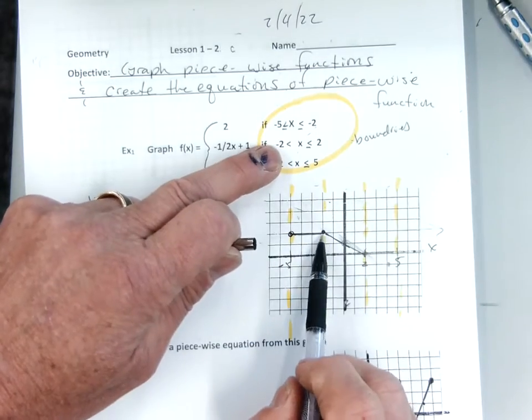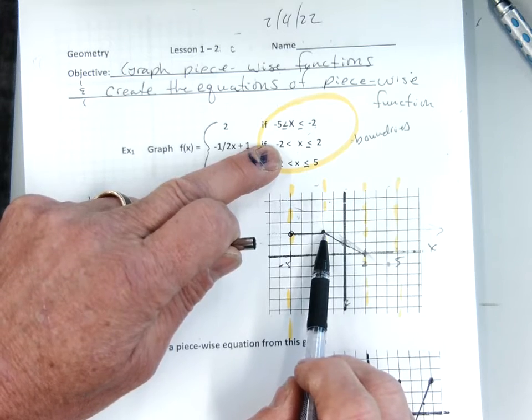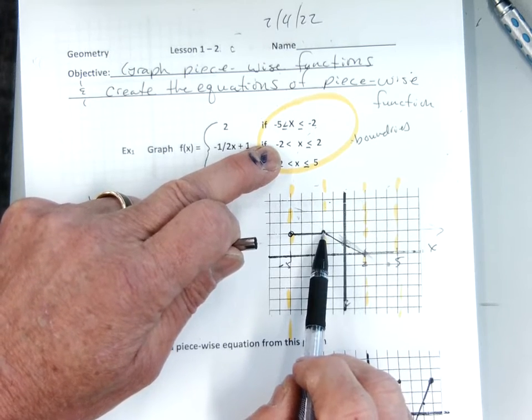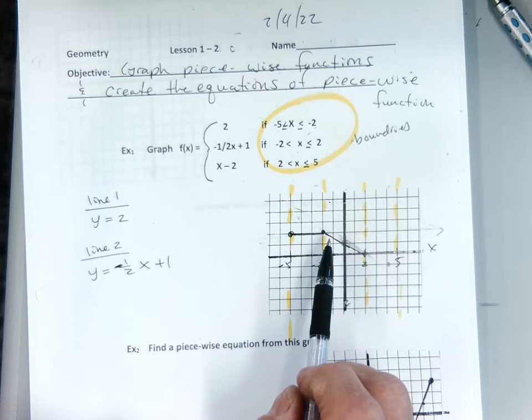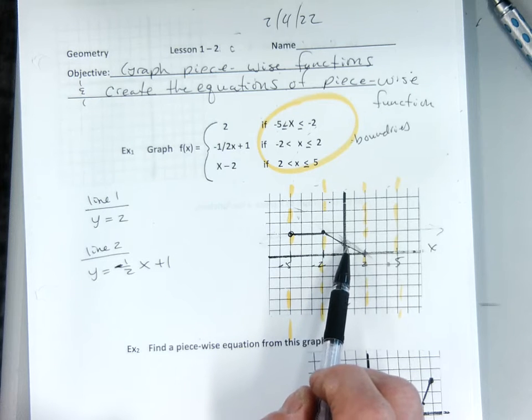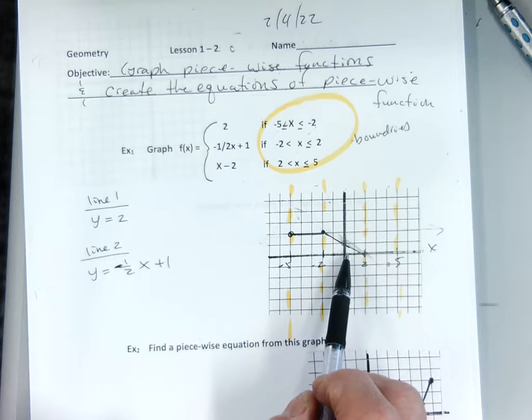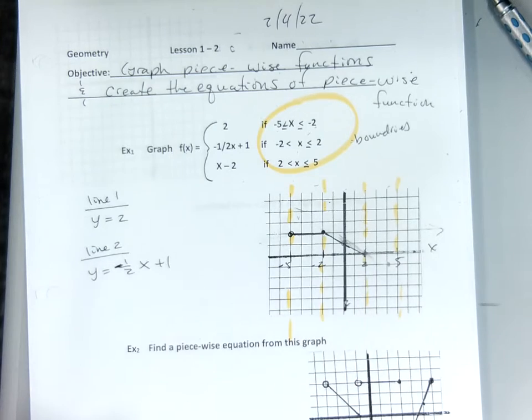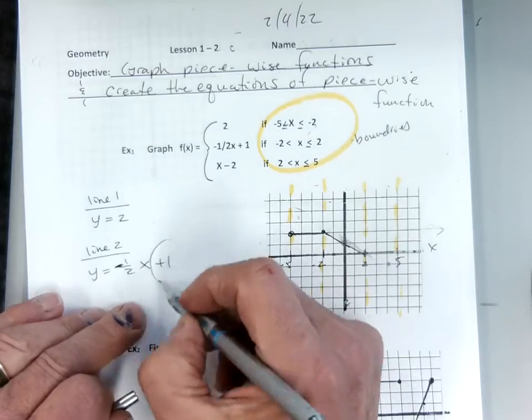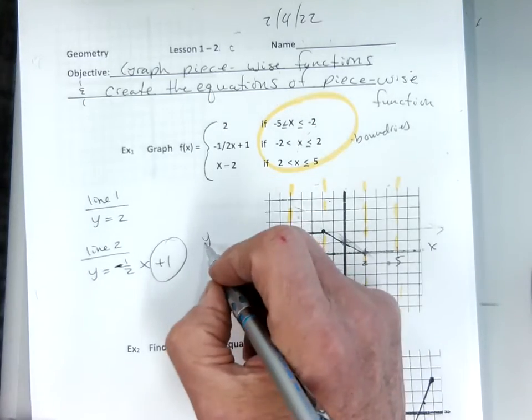At -2, it's already a closed circle, which is good because I don't want to close it again. Yes? It says -1/2 x plus 1. Yes. I'm not sure where the +1 is, so to speak. Yes, that's my y-intercept.